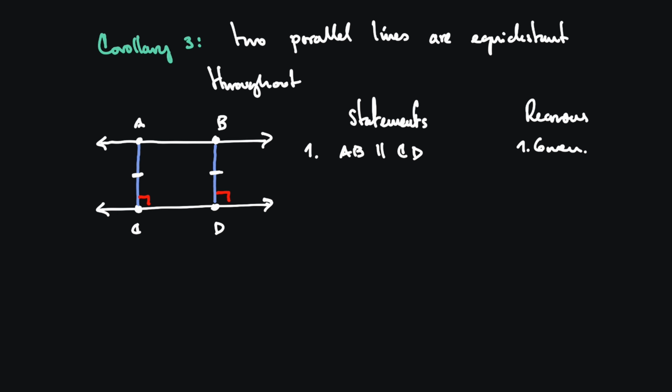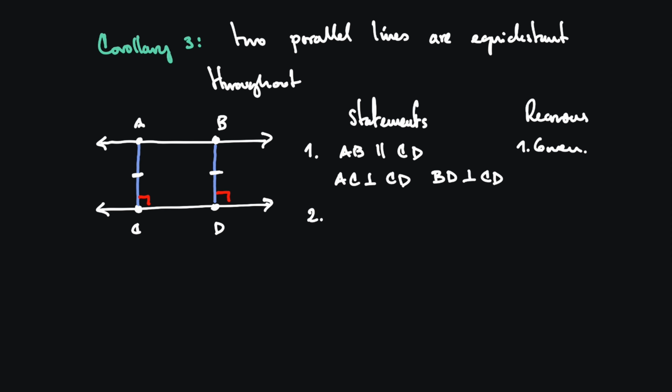So another given is that AC is perpendicular to CD, so that's why we have these 90-degree angles. And also that BD is perpendicular to CD. So all this is given, okay? Number two.